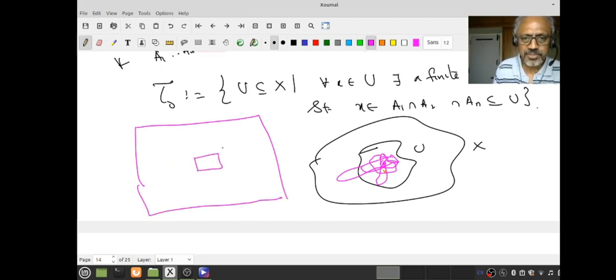So I want to show this U is open. You start with any X here. Then what do I do? For each thing, this is an element A1, this may be my element A2, this may be my element A3, therefore this is the final thing.